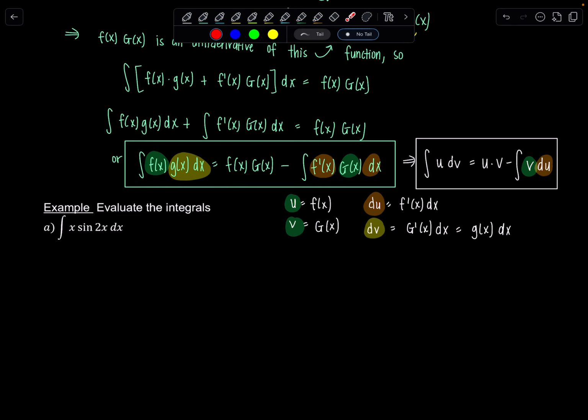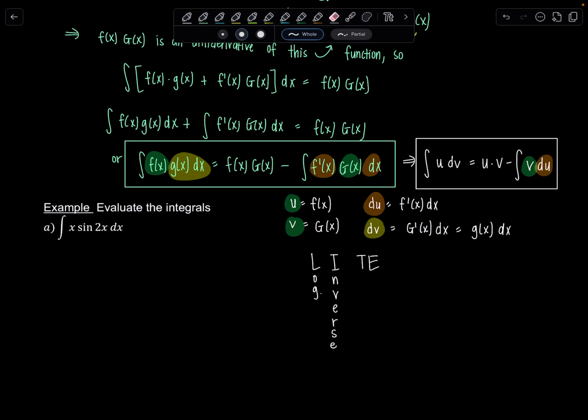Now, how to pick them appropriately. There's all sorts of different things. There's some tricks that some instructors like to use. LIATE, or however you want to pronounce it, is one way where you use logarithmic functions, then you have inverse trig functions, etc. I don't always like doing that because I'd rather you remember what the idea is behind it, what motivates you.